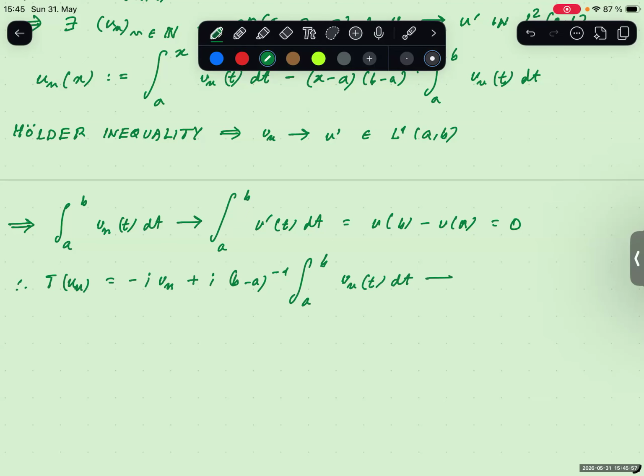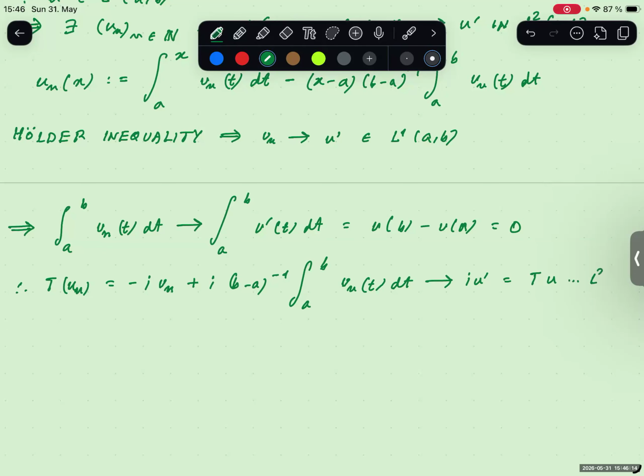And this converges, as we have just seen above, to i u prime, which is nothing but T u. The important thing is that everything is now in L2(a,b). Now remember, our boundary values are 0, so u(a) equals 0.